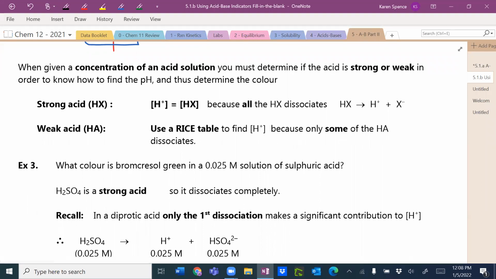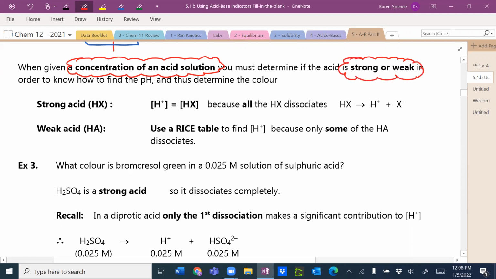If you are given the concentration of an acid solution, it's going to be important for you to know whether the acid is strong or weak, because if it is strong, finding the hydrogen ion concentration is really straightforward because it dissociates in a 1-to-1 fashion.